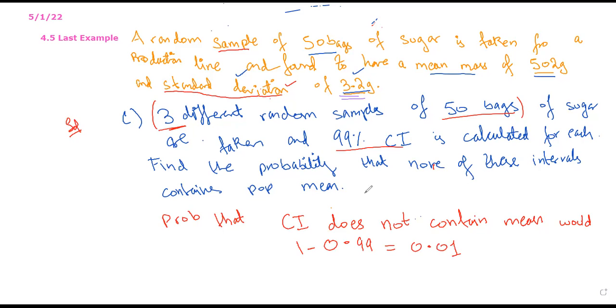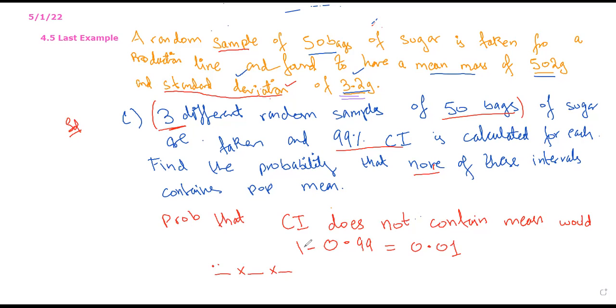Basically, you have taken out three different random samples, so you will have 1, 2, 3. So you will be multiplying the probability that the confidence interval does not contain the mean 3 times, because they're saying none of these intervals. You picked up three different samples, so you will be multiplying it 3 times.